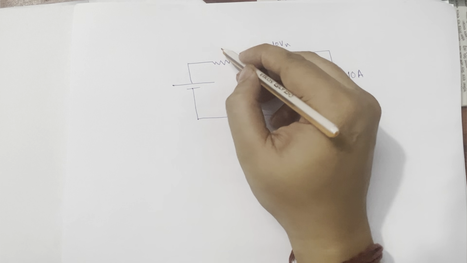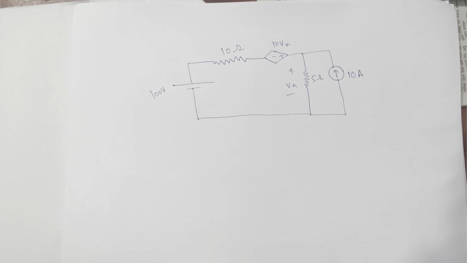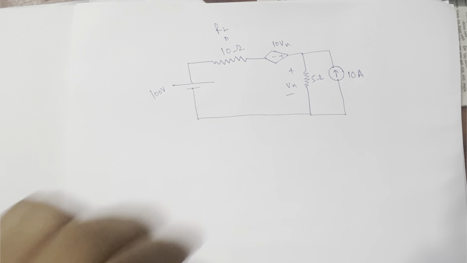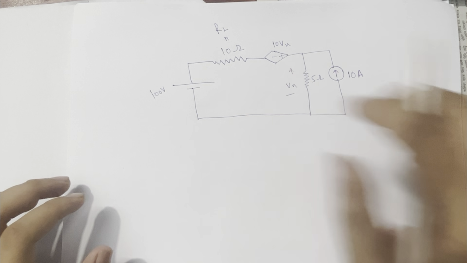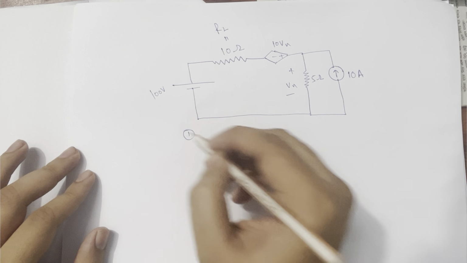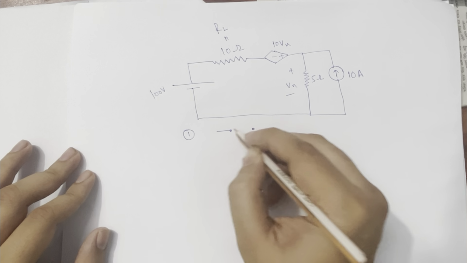So now let's look at this example. We have a circuit and our load is this RL. I want to find the Thevenin equivalent circuit around this resistance. We have a dependent source over here. So let's start. First step is to calculate VTH: remove the resistance and make points A and B.